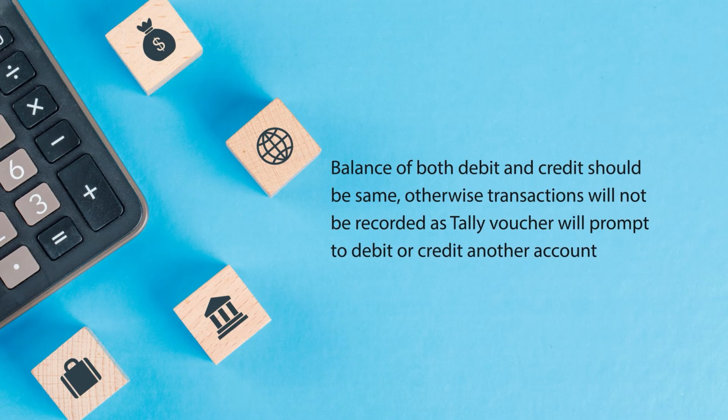Also, you have to keep the balances of both debit and credit side the same, otherwise your transaction will not be recorded, as Tally will ask you again and again to debit or credit some other account as the balances of the debit and credit side are not equal. These were the important points which you need to know before starting with the voucher entry.